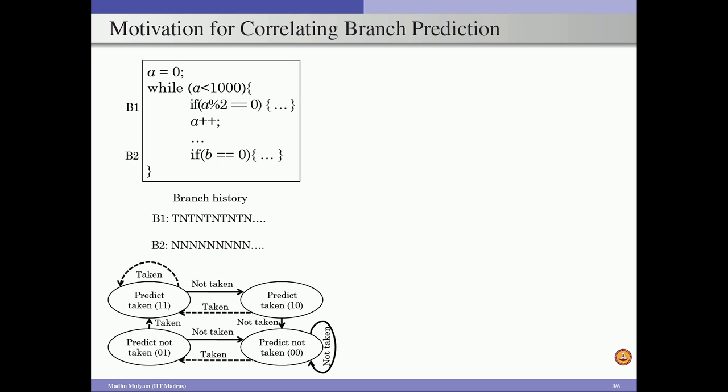So, if we use that, then there will not be any interference because of multiple branches, because we are maintaining a separate state diagram for each of the branches, but that is not efficient in terms of the hardware, because once we have, let us say, an application with a significant number of branches, for every branch we are going to maintain a 4-state state diagram to implement this dynamic branch prediction, then it is going to incur significant hardware overhead.